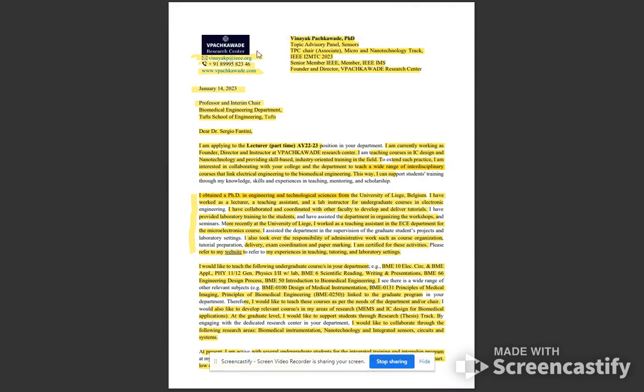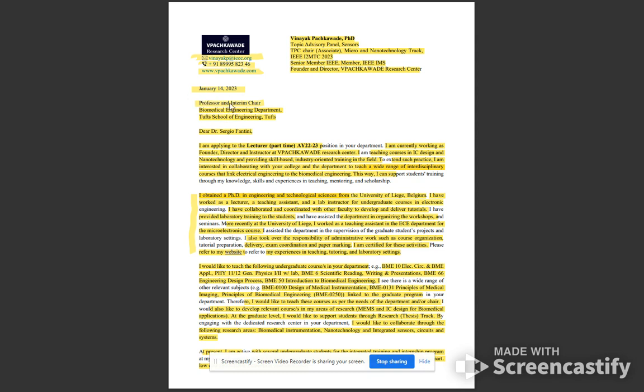So, just to summarize, take a letter pad, and make sure that you have a header. On the left side you can have a logo of your current organization, your email address, your phone number. If you have your own dedicated website of your work portfolio, put it in there. On the right side you start with your name, your current affiliation, your memberships, and then you put a date here.